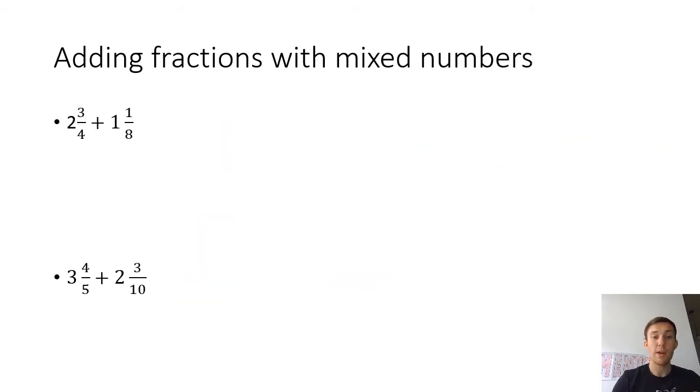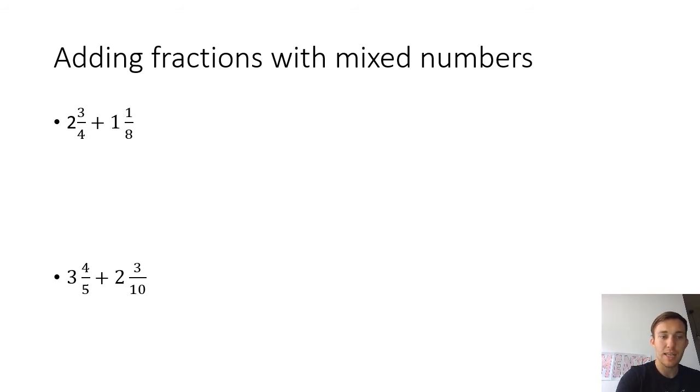Okay, this time we are going to be adding fractions, but with mixed numbers. So this is going to be really important that we understand how to convert from a mixed number to an improper fraction. Okay, so our first one says 2 3/4 add 1 1/8. So the first thing we're going to need to do is convert them into improper fractions.